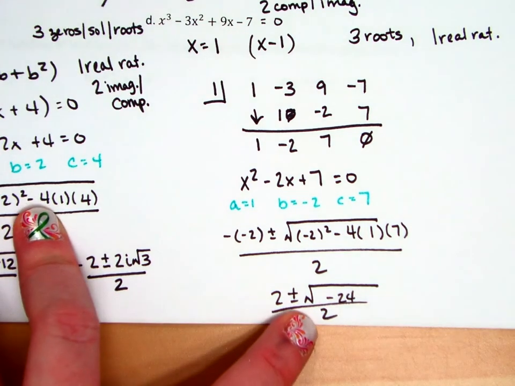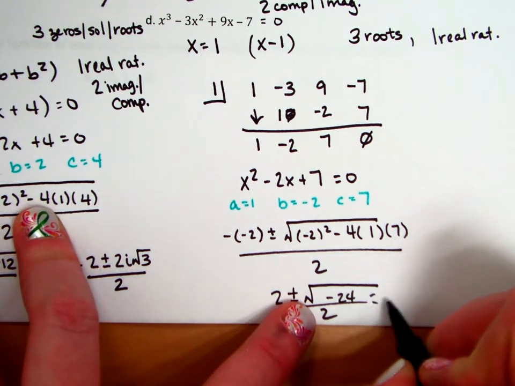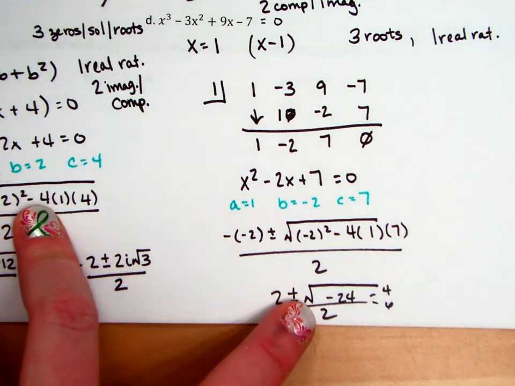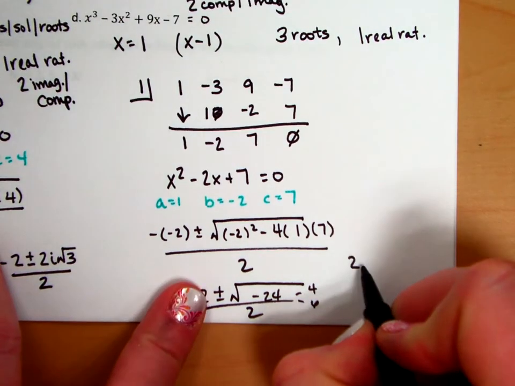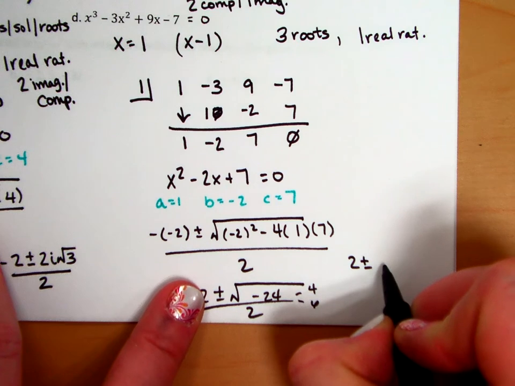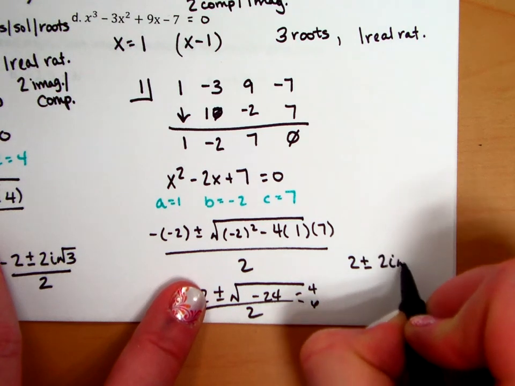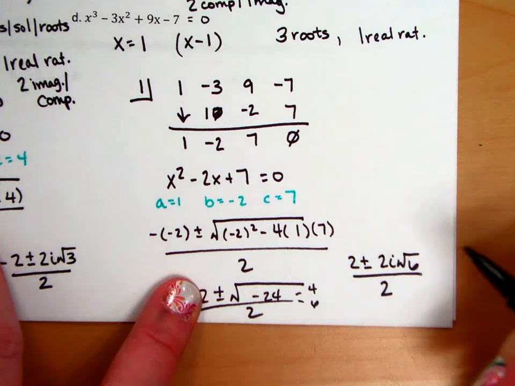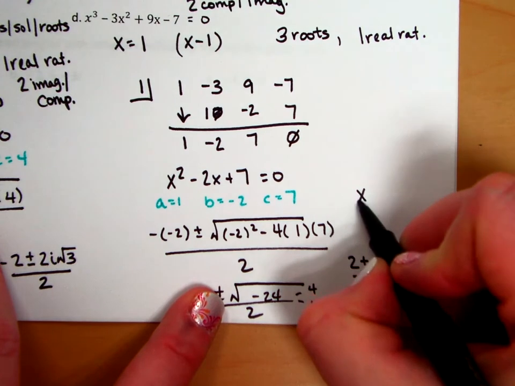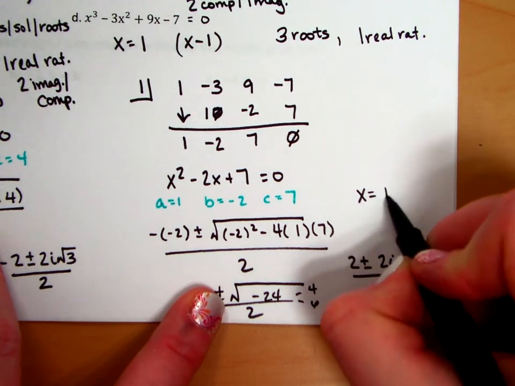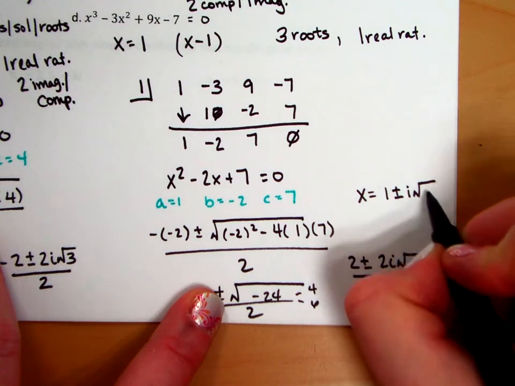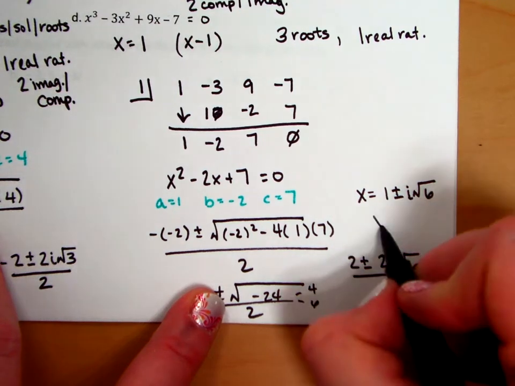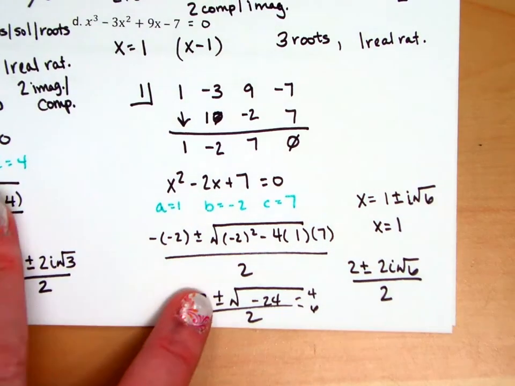So 24 breaks down to the squares of 4 and 6. 6 is not a perfect square, so I would have 2 plus or minus 2i root 6, all divided by 2. So my answer would be x equals 1 plus or minus i root 6, and x equals 1. So that's the first part of the notes.